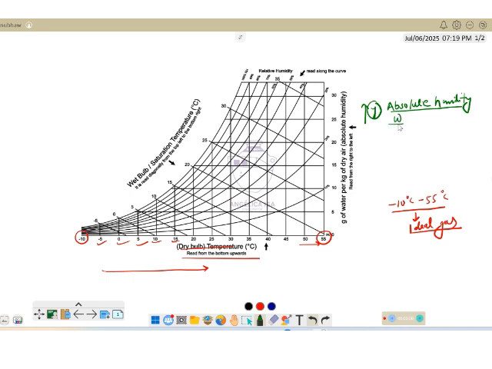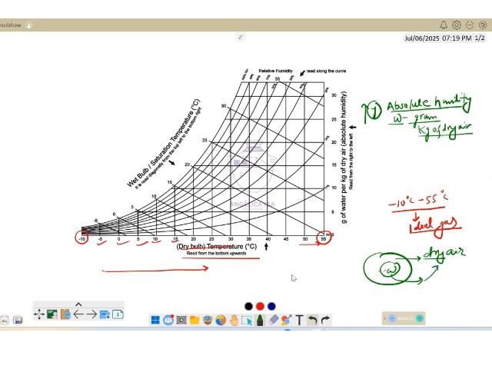Since the quantity is very small, as I told, the unit of this is grams per kg of dry air. Since in any air-water vapor mixture the quantity of dry air remains fixed, the amount of omega present is represented per kg of dry air.